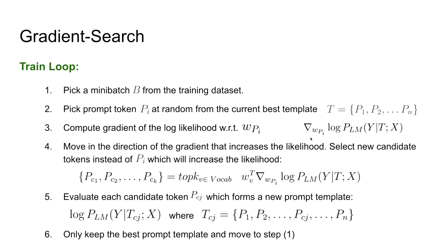We know that these tokens are converted into feature vectors, so we compute the log likelihood with respect to that feature vector. Basically, we're going to move in the direction of this gradient vector, which increases the likelihood. But this is a direction that we want to discretely search, and the search directions are given by new alternative tokens from our vocabulary. So we're looking for an alternative token that can replace p_i and help increase the log likelihood.